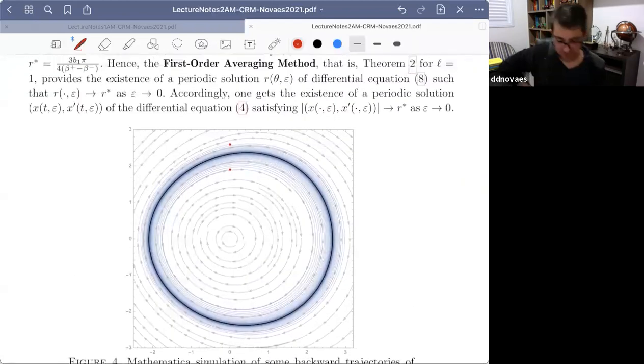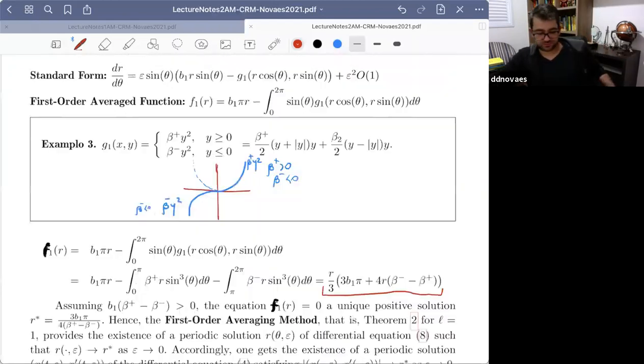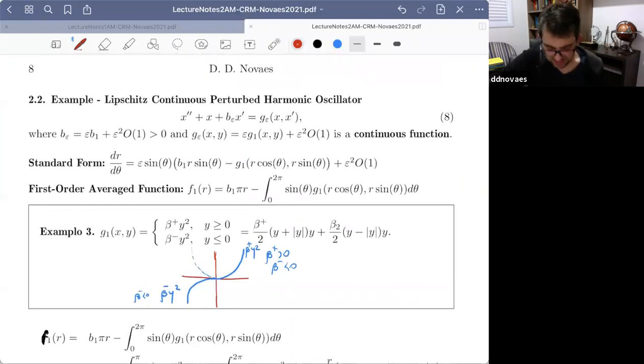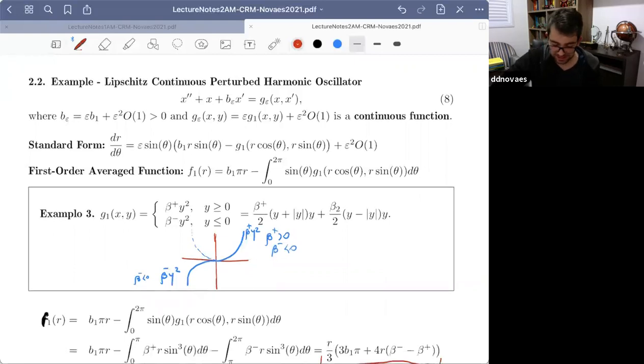So here we have dropped the conditions about the smoothness of our differential equations, and we can still use the formula that we introduced before in order to produce and study limit cycles and periodic solutions of our systems.